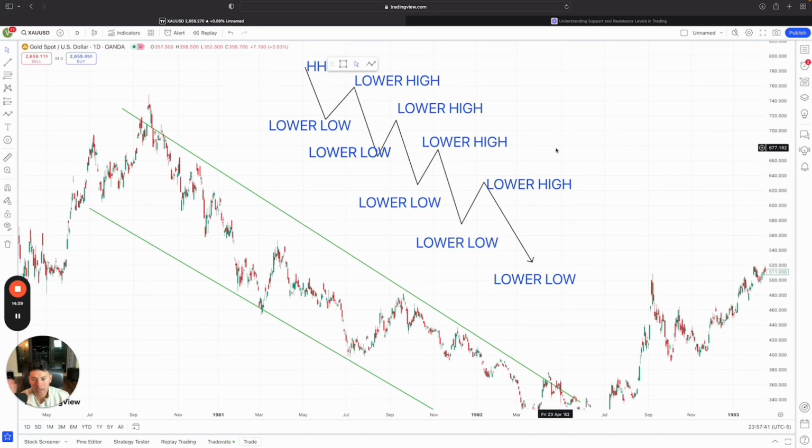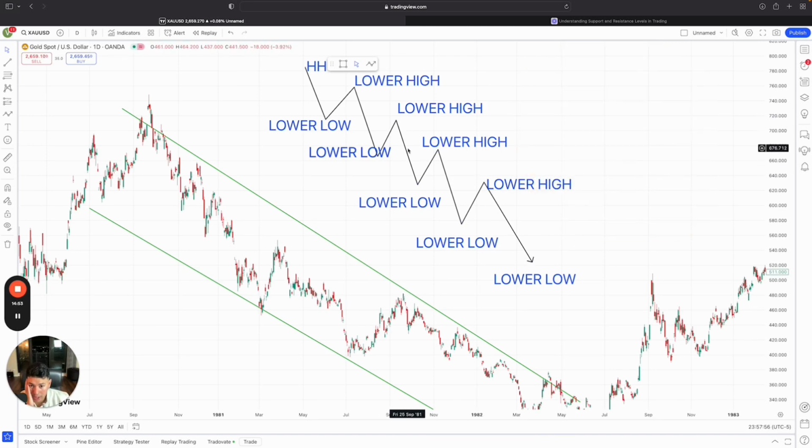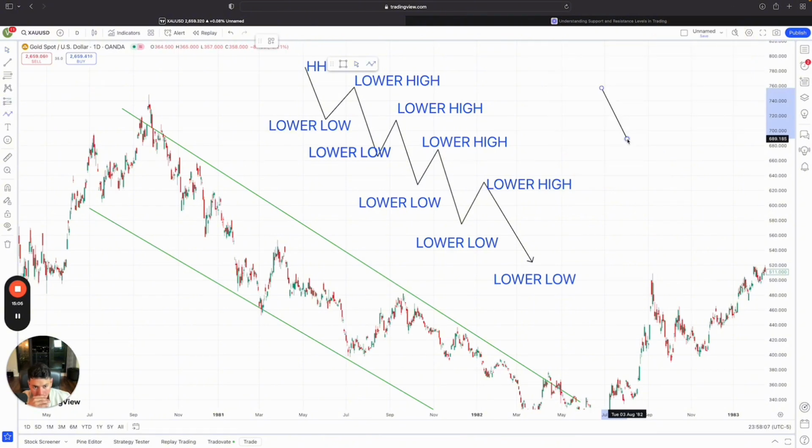And how we would take an entry on a bearish market structure is we would wait for a retracement to the upside, and after the price respects the previous lower high and continues to the downside, that's where we would place the trade. For example, we are in a bearish market structure and price rejects at a certain support level, and then price rejects, boom, and it respects the previous lower high.